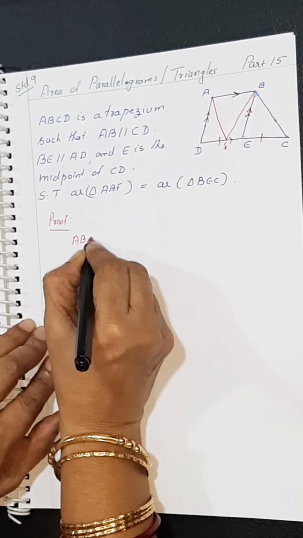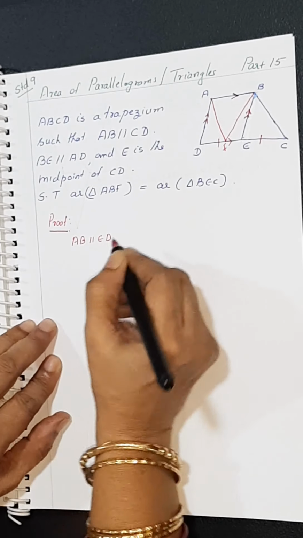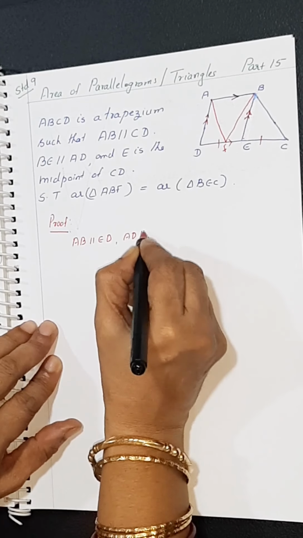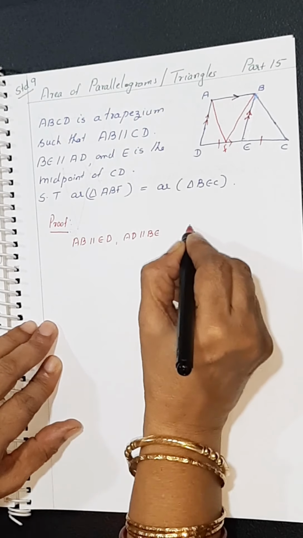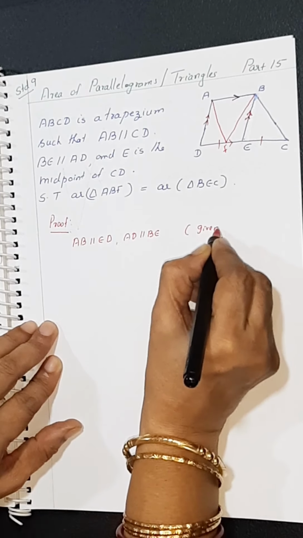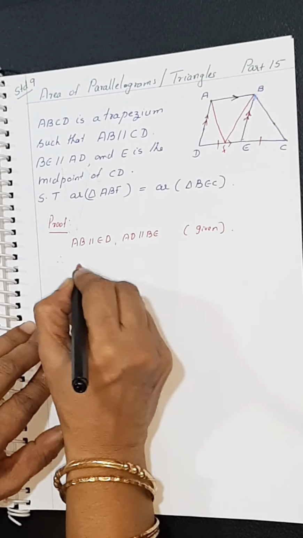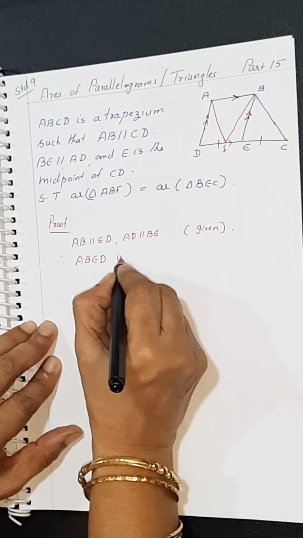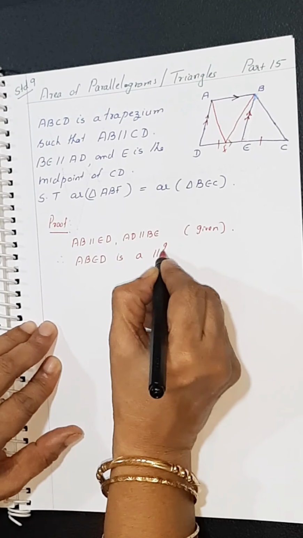So AB is parallel to ED and AD is parallel to BE. It is given. Therefore, ABED is a parallelogram.